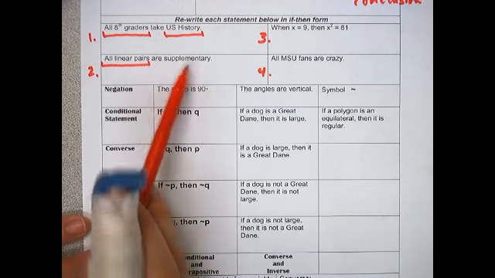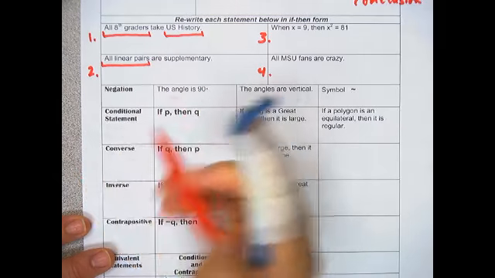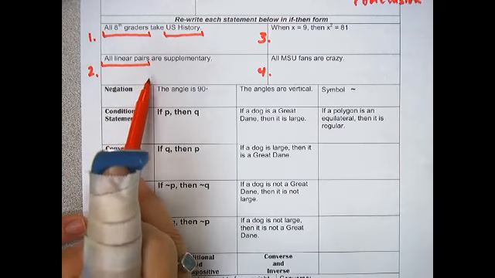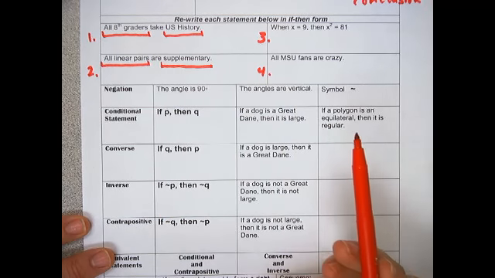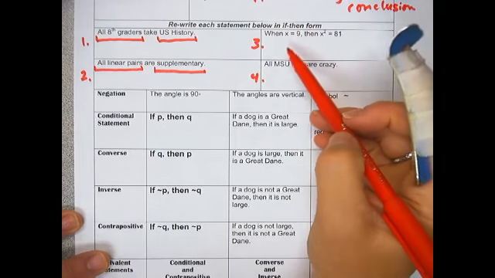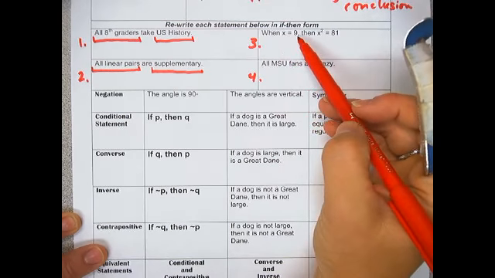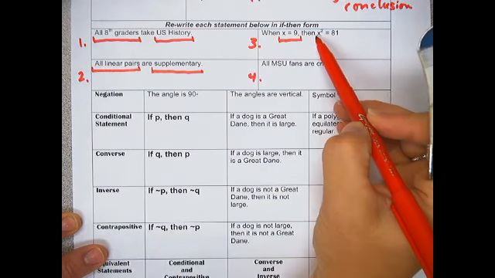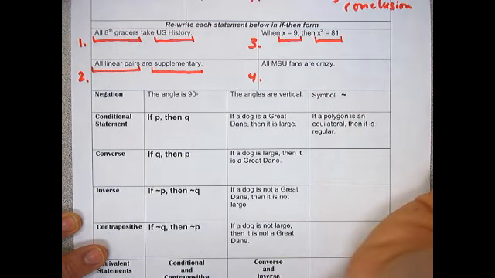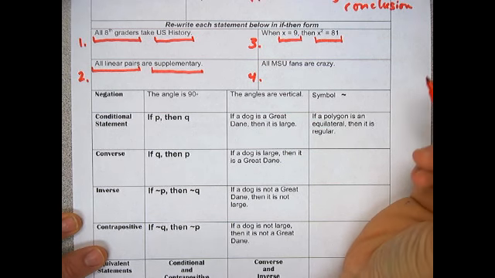We're going to say if 2 angles are a linear pair, then they are supplementary. Same thing over here. We're not going to say if you are 9. You're going to say if x equals 9, then x squared equals 81.